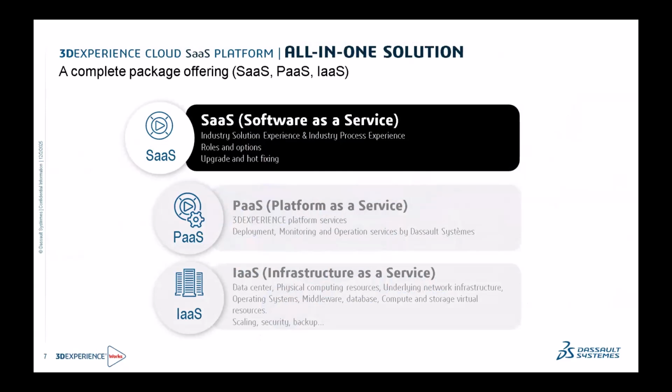It means that we have our own company called Outscale, that provides the data centers, the physical computer resources, the network infrastructure, the operating system, the database, the storage, and we also take care of security, backup, disaster recovery. So this is a great service because it's very expensive for a company not only to buy hardware, but also to secure your data.